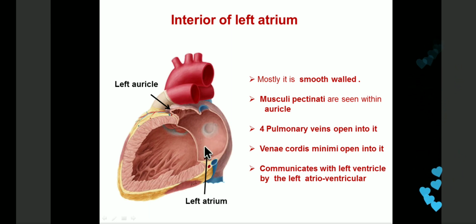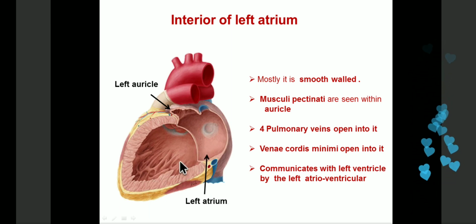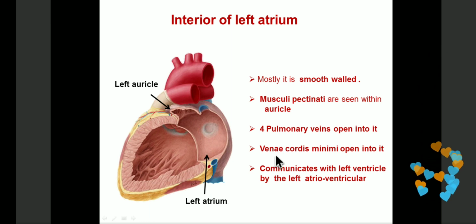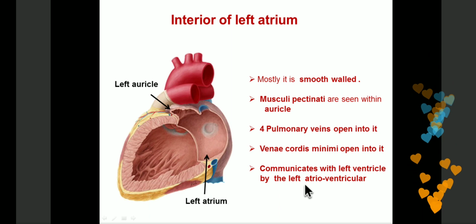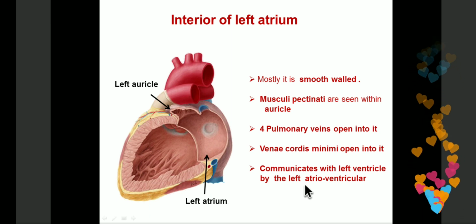This left atrium communicates with the left ventricle by the left atrioventricular opening, which has the bicuspid valve. So the openings in the left atrium are the four pulmonary veins, the venae cordis minimae, and the left atrioventricular orifice.